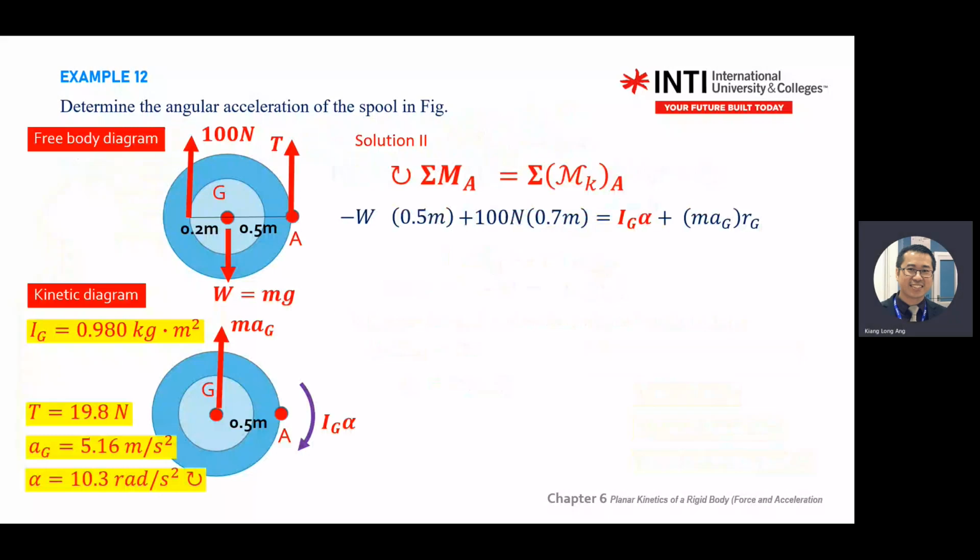By default anticlockwise is positive, but in this case I follow the motion, which rotates clockwise. So all my moments will be positive clockwise. So if I take moments about A, this one gives me anticlockwise, so I get negative. This one is positive, right?